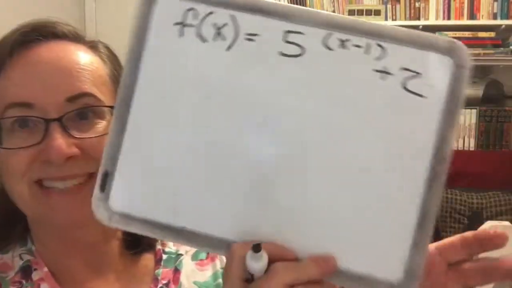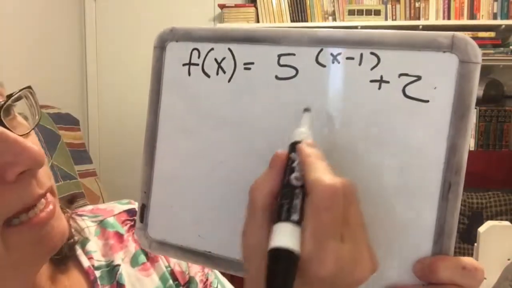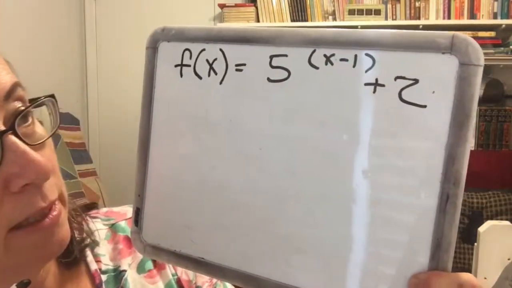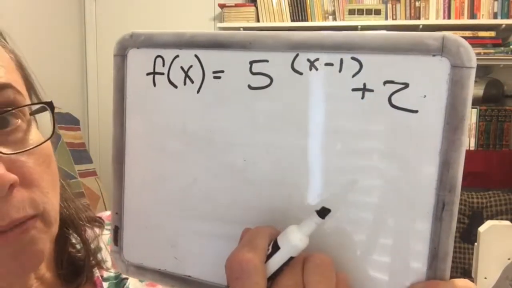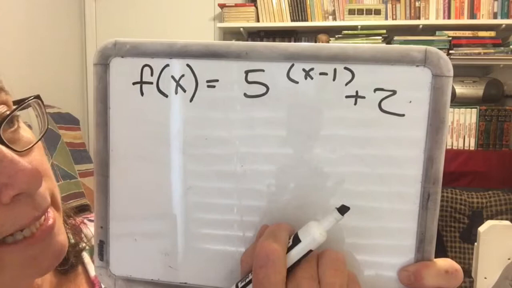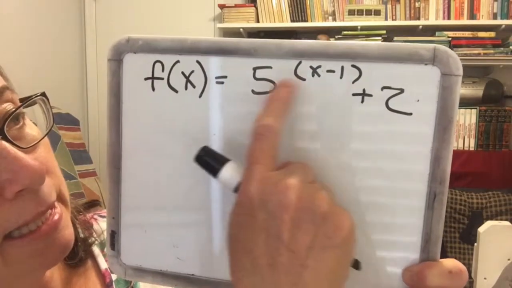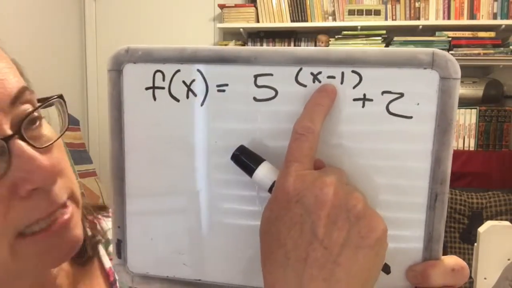Okay, so the next one that we're going to do is the next one on the PowerPoint, and it's f of x is 5 to the x minus 1 plus 2. Remember, these are all exponentials because the variable is in the exponent.